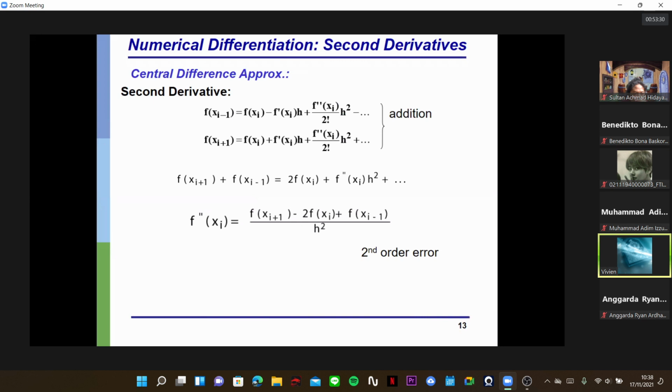We already understand that it depends on one independent variable only, but the ODE can contain, for example, the first derivative or the second derivative as well. Here we have x, which is the unknown function, and x here depends on one independent variable, which is t.